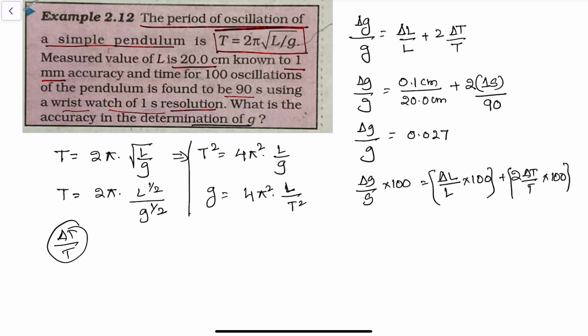If we do that, approximately rounded, it is 3, which is 3%. So this is a relative error. This is called the percentage error. In that way we can calculate.